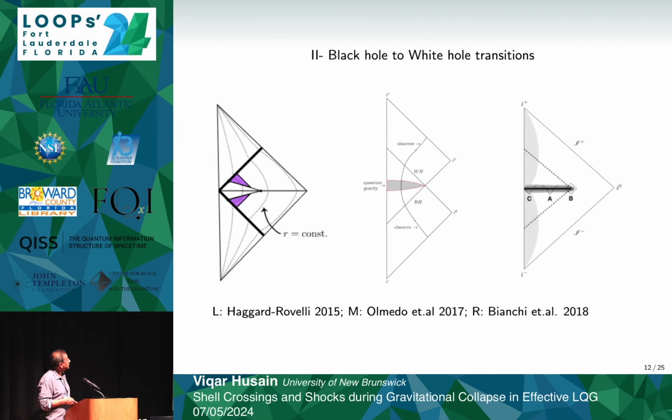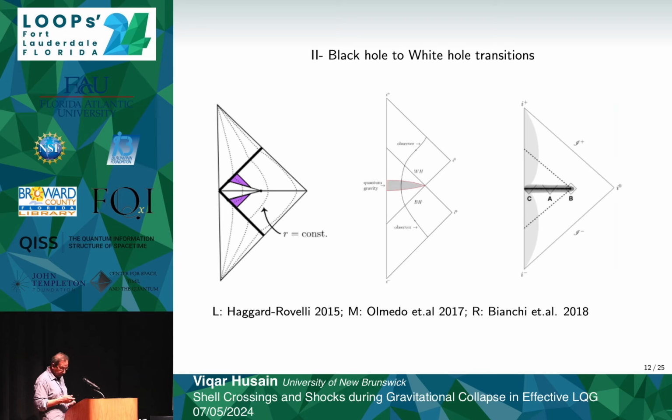Then you've heard a lot about black hole to white hole transitions, and here's a sampling of three Penrose diagrams that contain event horizons, black hole horizons, and white hole horizons. Again, the main thing about these is that they are global objects in the space-time rather than dynamical horizons. And of course there are many other variations.